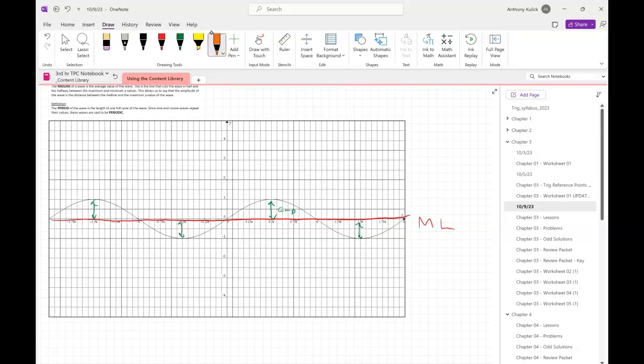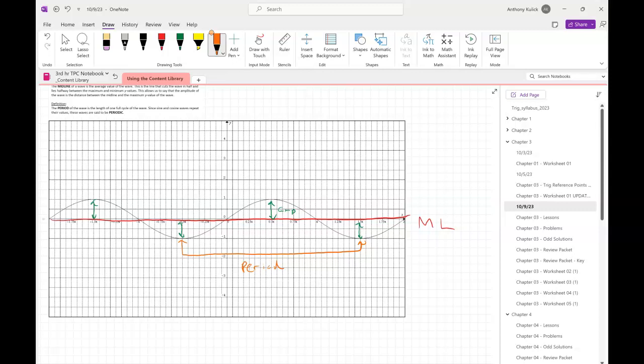And then the period is the horizontal length, or the distance for one full cycle. So say we go from minimum to minimum. That's one period.